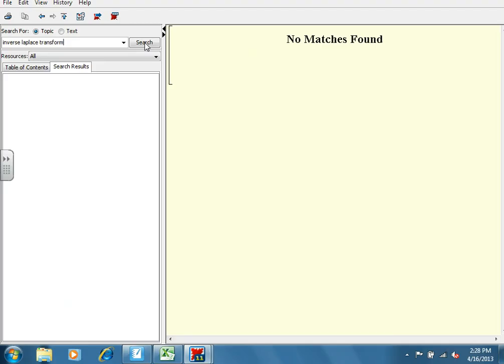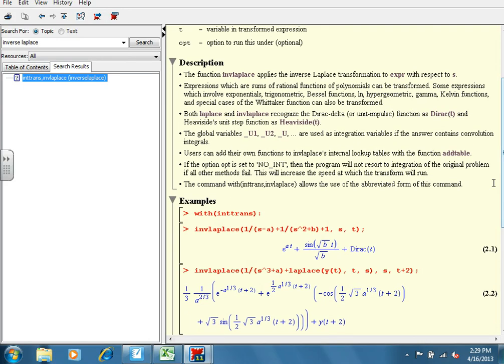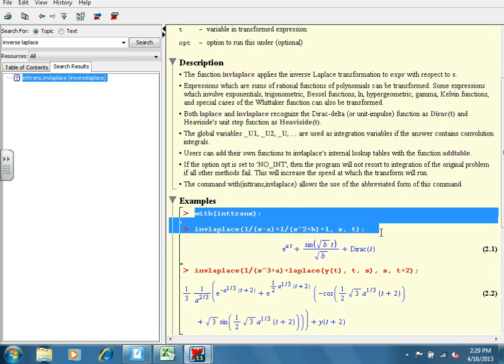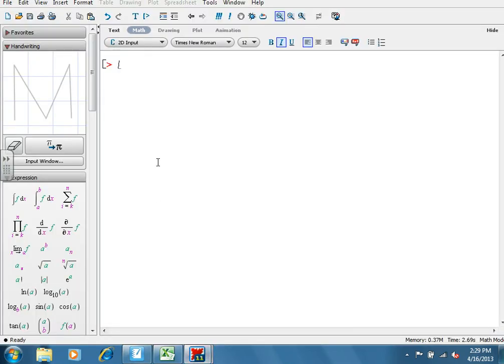Search. Inverse. Is inverse spelled with a C? Oh, there. Inverse Laplace transform. All right, that's all we need. Just that right there. Control copy. Control V. All right, so what do I have for the problem?